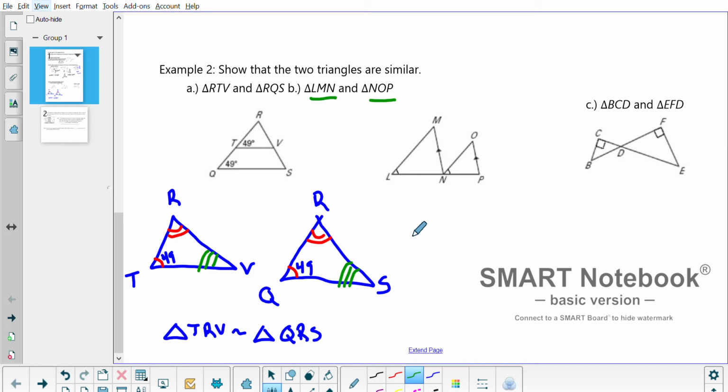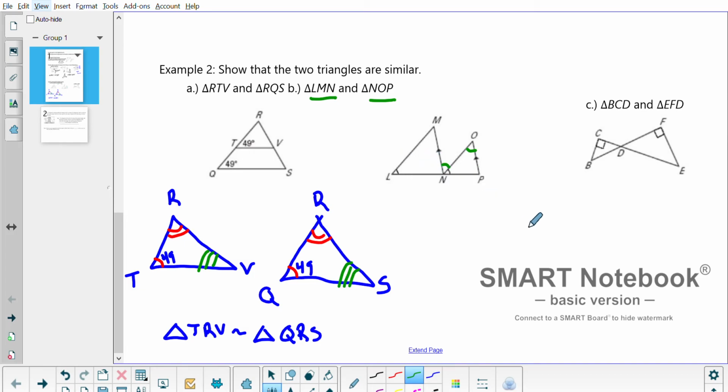So we can use our alternate interior angles here, which would say that this angle here is congruent to this angle here.